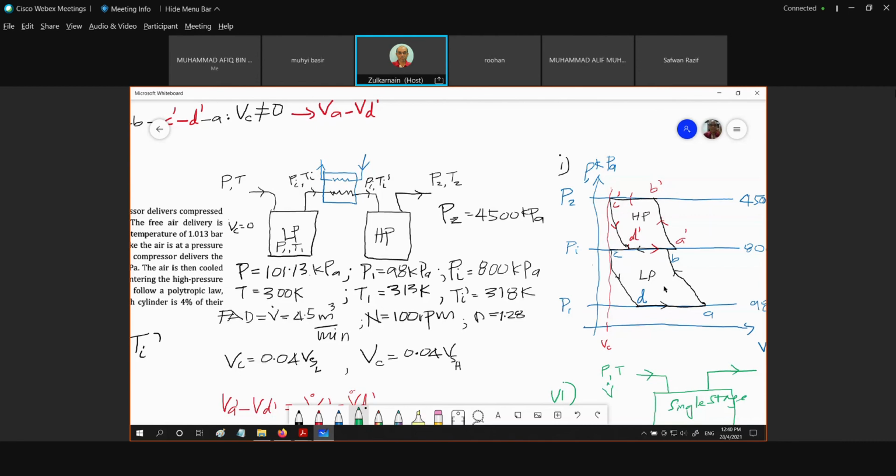If you calculate, you will find that the volumetric efficiency will be double, or it's too large.